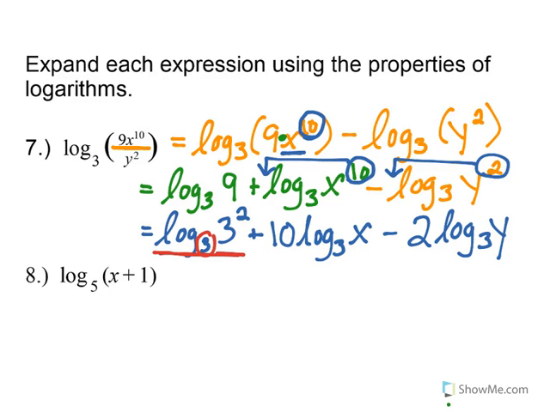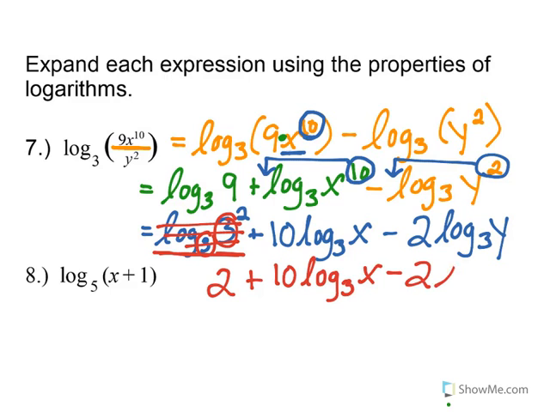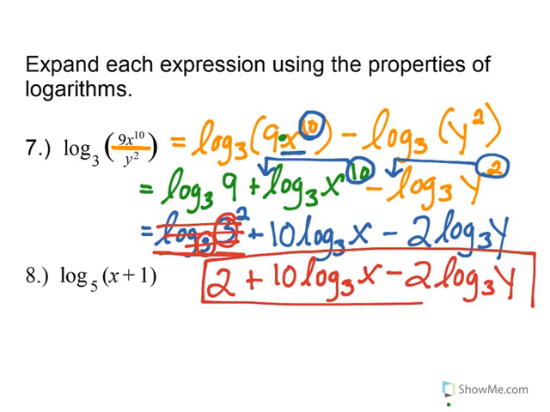Because the base and base match, all of this will essentially cancel off, and we're just left with 2 plus 10 log base 3 of x minus 2 log base 3 of y, okay? So that's the fully expanded expression for problem number 7, okay?